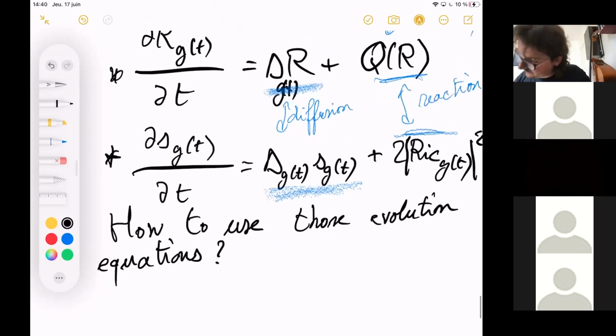The thing is the following. One key tool here, it's not the only one, you can do integral estimates if you need to, there's a lot of things which can be done. But one of the key features in Ricci flow is the use of the maximum principle.